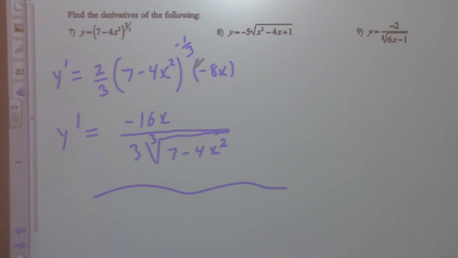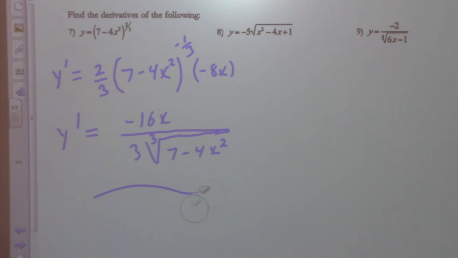Is it the details, or putting things together, that's escaping you a little bit? That was negative 4. You have the 2 times 4x times negative 4x, so that's where that negative 8x comes from, okay?